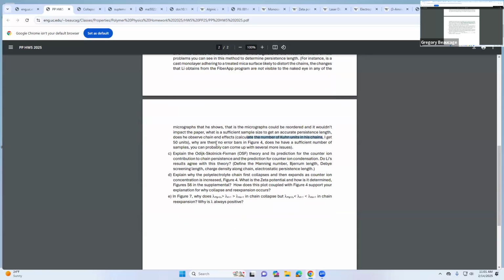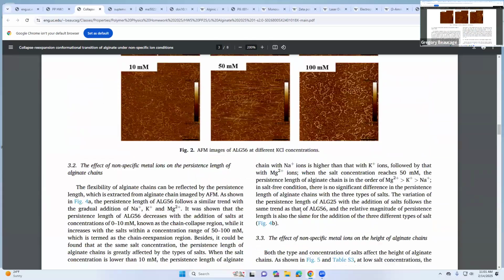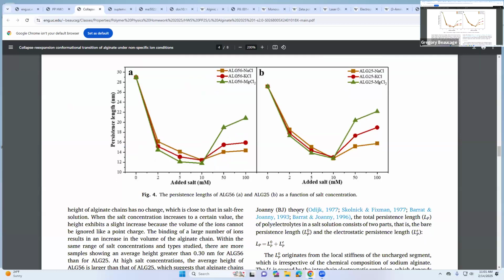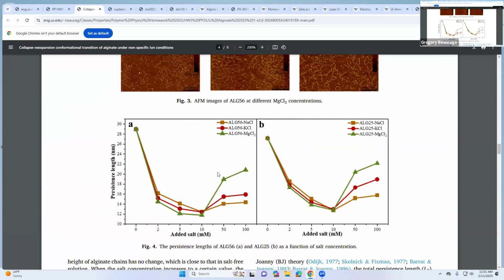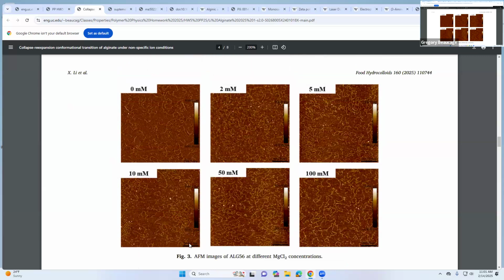So he lists the persistence length somewhere here, and then you can go into the micrograph and figure out how many of those are in a chain. So his persistence length is 28 nanometers. This is 200 nanometers.